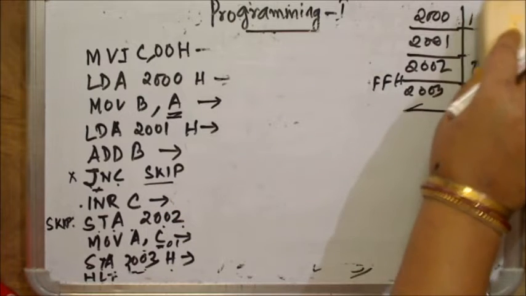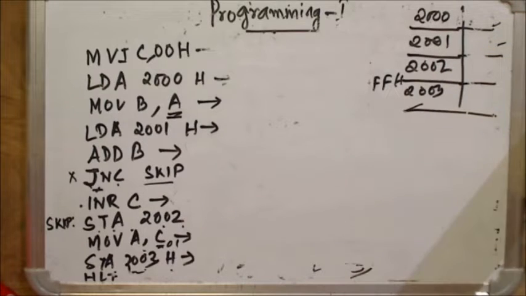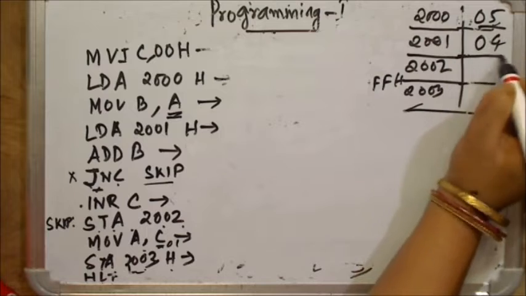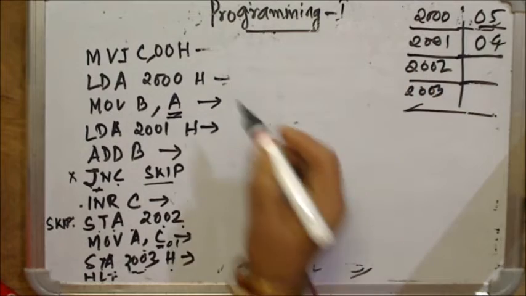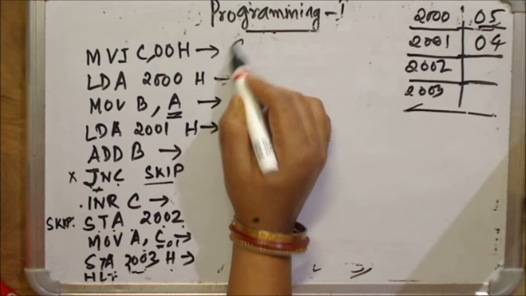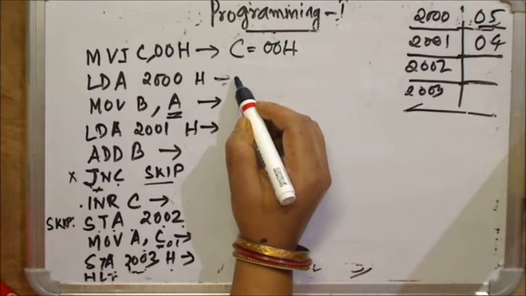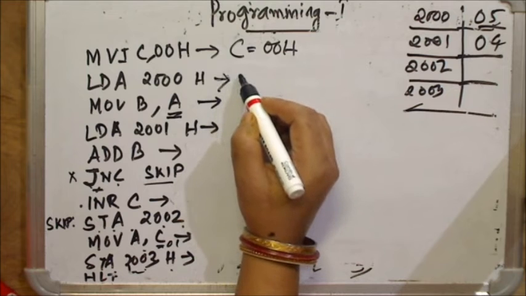Let us take two simple data. Now let us load with 05 and 04. We have to add these two numbers. What we have first done is initialize the C register with 00, right? Then LDA 2000H. What is done with LDA 2000H?